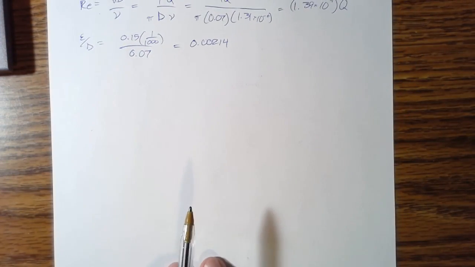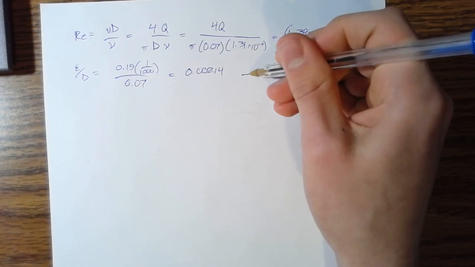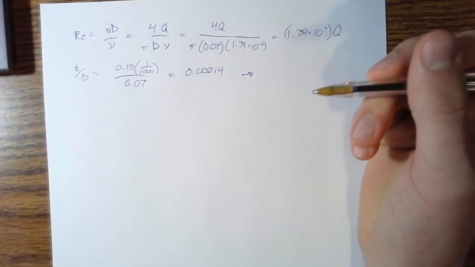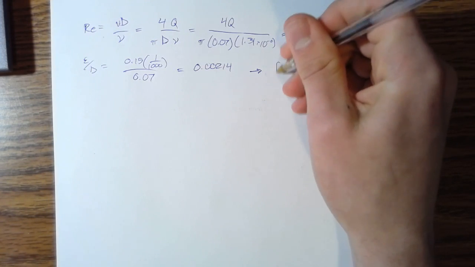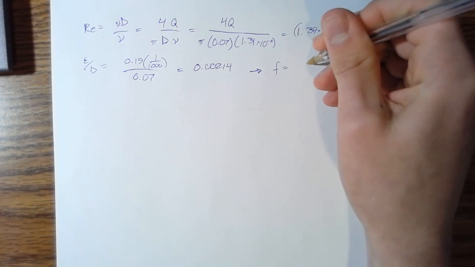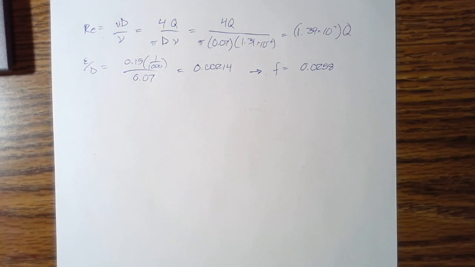So we can assume wholly turbulent flow or use our iteration process or the Colebrook equation or the Haaland equation. Whatever you do, you should get f is 0.0258.